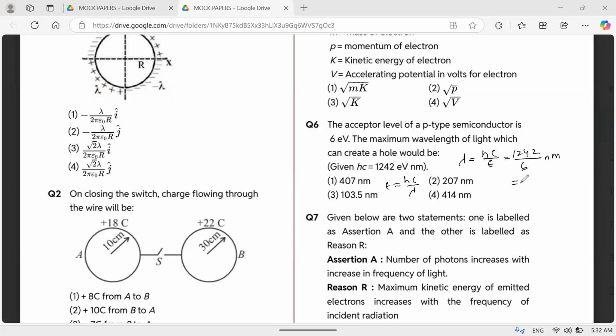See how much I'm getting? 6 1s are 6, 6 2s are 12, then 0.207, so 207 nanometer. Second option will be the answer. Clear? Yes, sir. Next question.